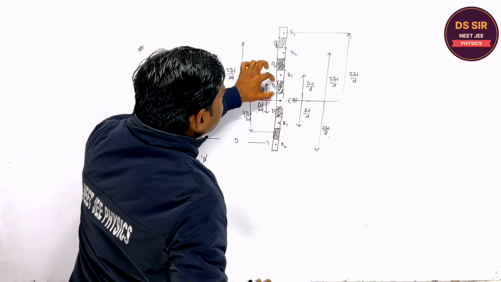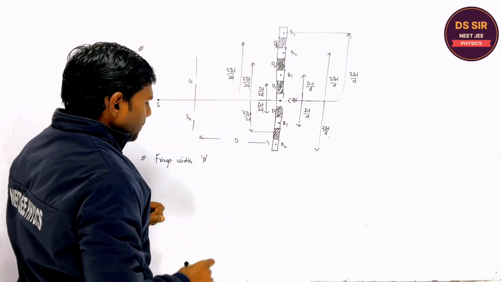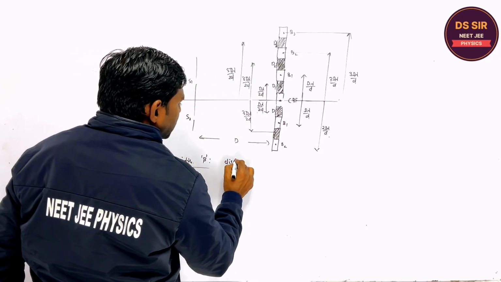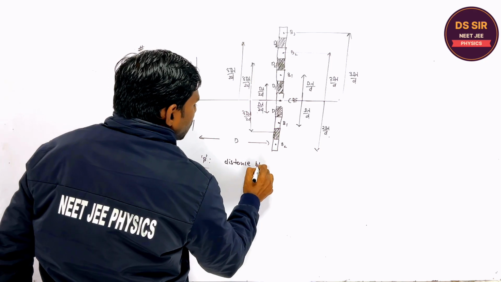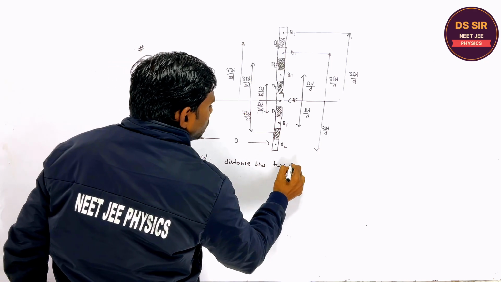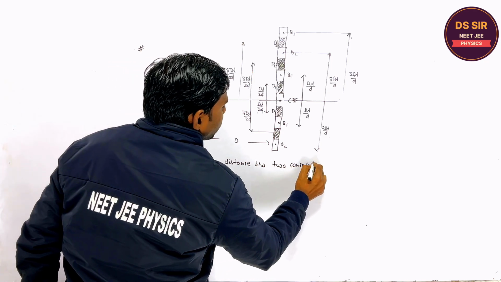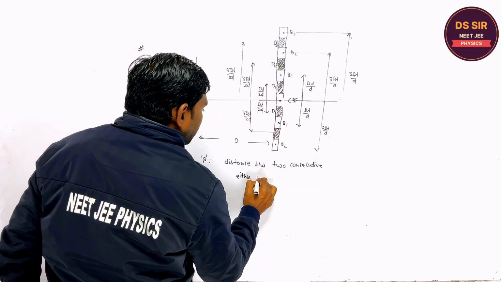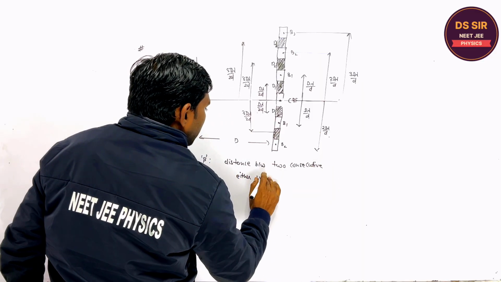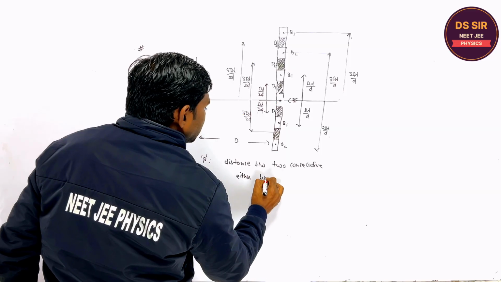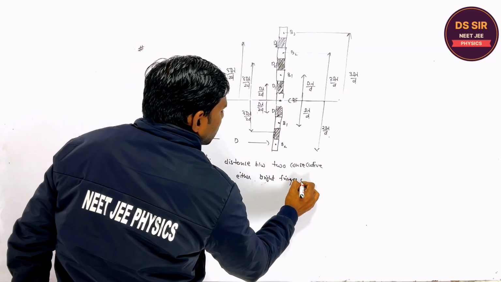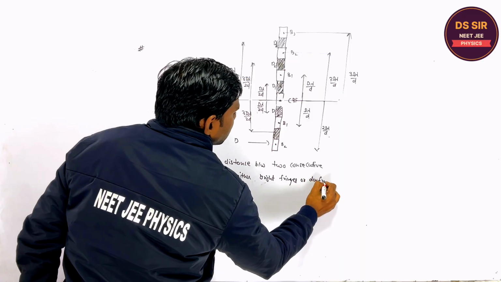The width of these fringes is called the fringe width, which is nothing but the distance between two consecutive bright fringes or dark fringes.